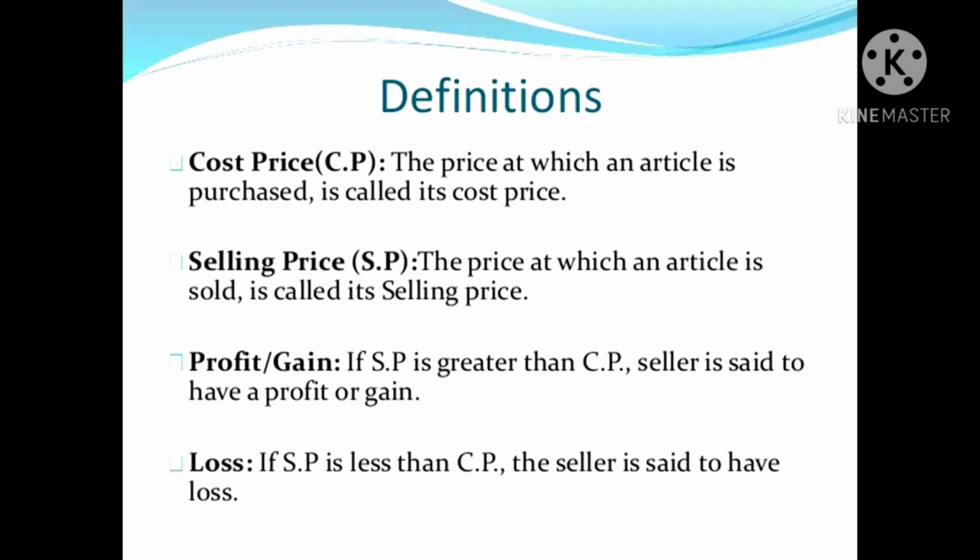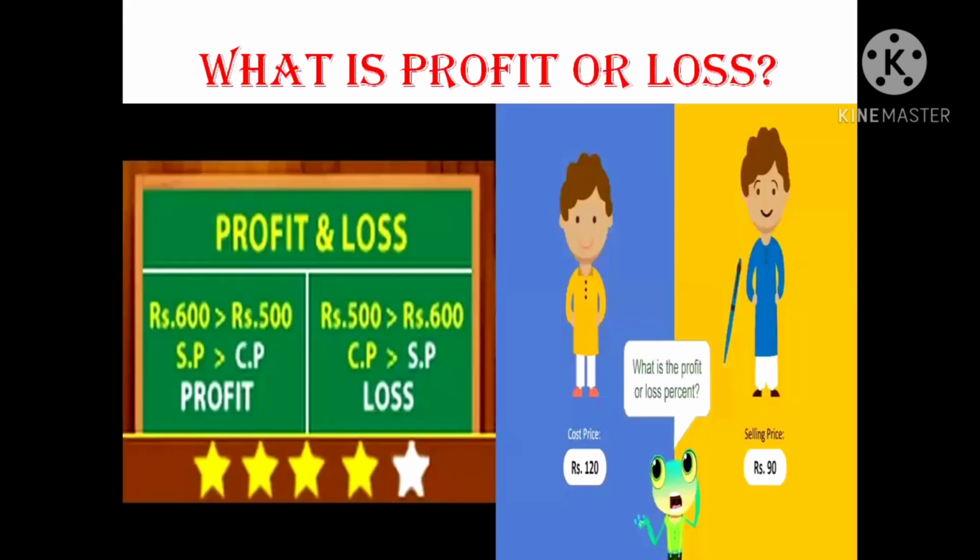You know cost price. Cost price is the price at which an article is purchased. Selling price is the price at which an article is sold. When our selling price is greater than cost price, we are having a profit. When you have selling price less than cost price, you have a loss.